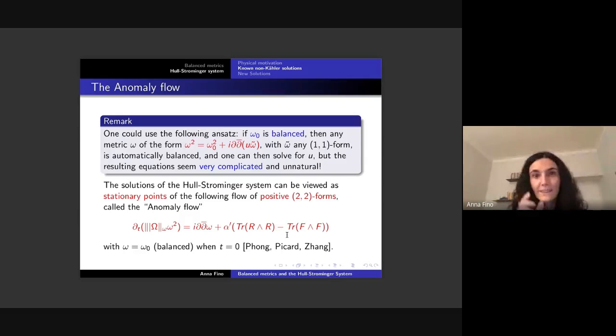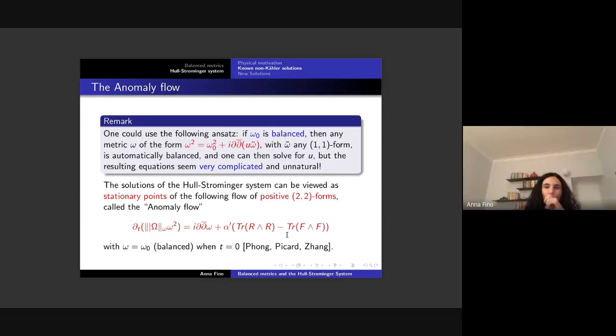And just take omega squared equal to omega 0 squared, in the sense of wedge, plus i partial partial-bar u wedge omega tilde. Here, omega tilde can be any (1,1)-form. This is automatically balanced, and one can then try, of course, to solve for this function u. But what is going on is that the resulting equations are very complicated and not natural.